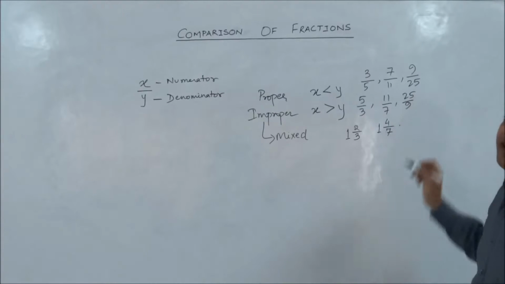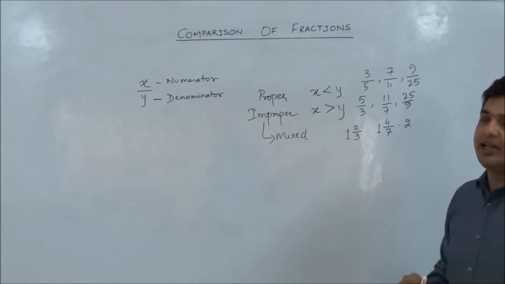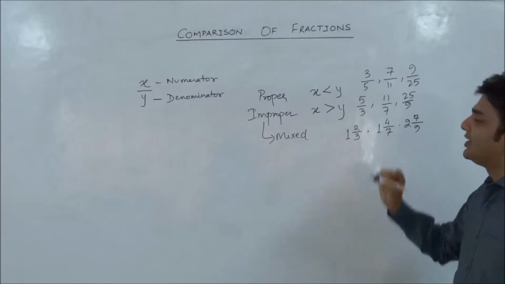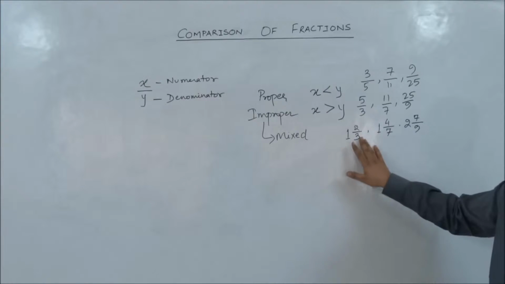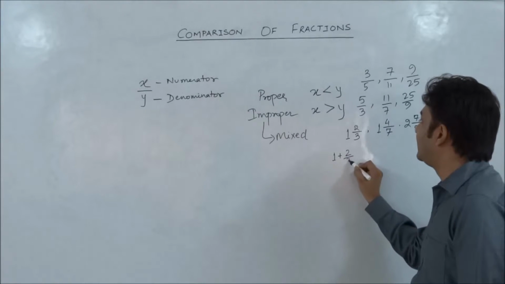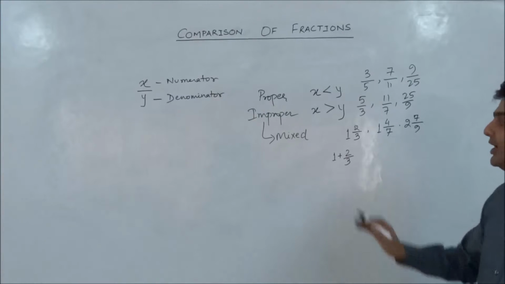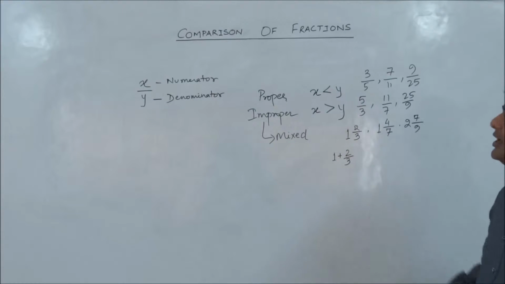Here 25 when divided by 9 goes 2 times, that is 18, the remainder is 7 and the denominator remains the same. So 1 2 by 3, what does this mean? It is nothing but 1 plus 2 by 3. No sign is there, that doesn't mean it is a multiplication sign. It is 1 plus 2 by 3, that is written as 1 2 by 3.